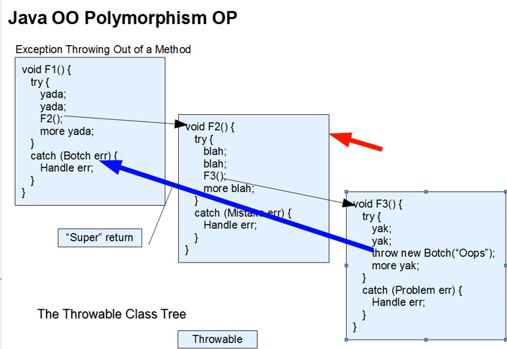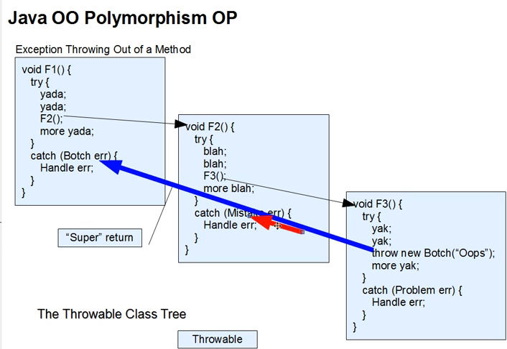And here's a diagram to help visualize this. Say function f1 calls f2 from within a try block that has a catch for exception type botch. And then f2 in turn calls f3 within a try block with a catch for a type mistake.